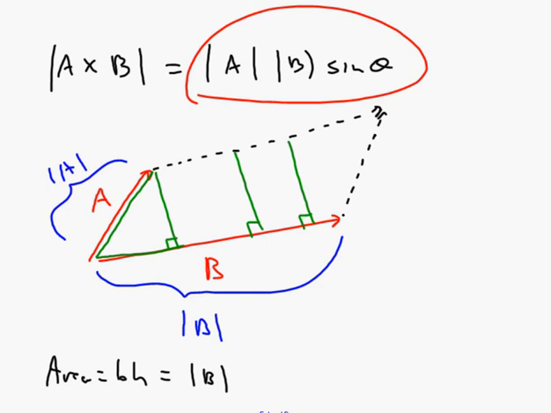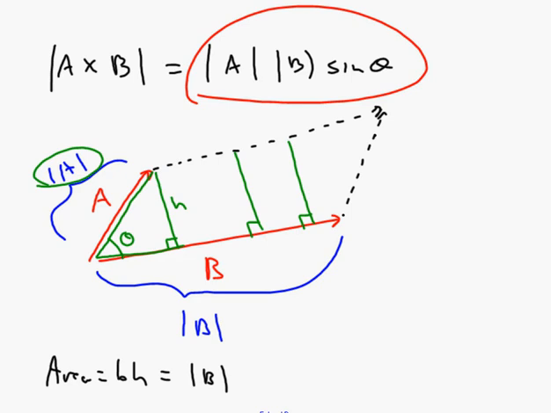Here's what I like about that little green right triangle: I know how long the hypotenuse is. The hypotenuse has length norm A. So we can actually solve for the height. The angle between the vectors we call theta, and we know we can find that if we have two vectors.